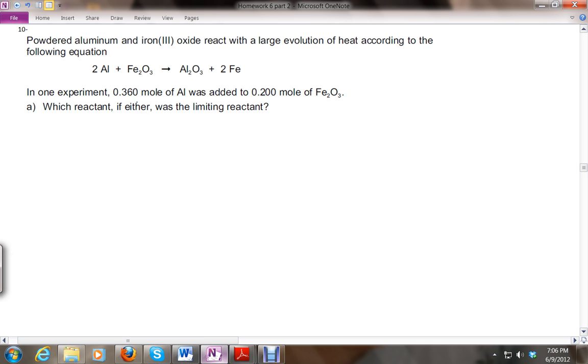When they give you two reactants and don't say which one is in excess, you have to calculate to find out which is the limiting reagent. If they tell you which is in excess, or give you only one reactant, you don't have to calculate it. So doing that, the first thing is aluminum is equal to 26 point. Let's give you the molar masses.